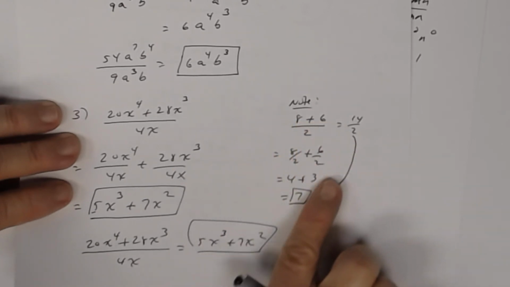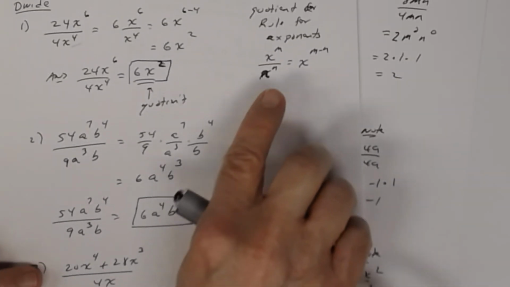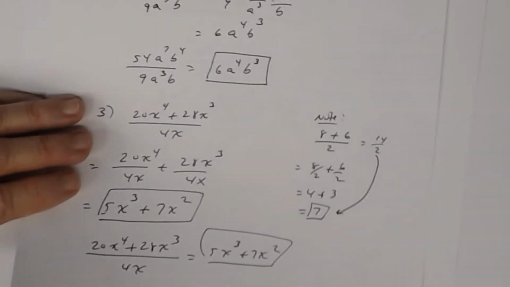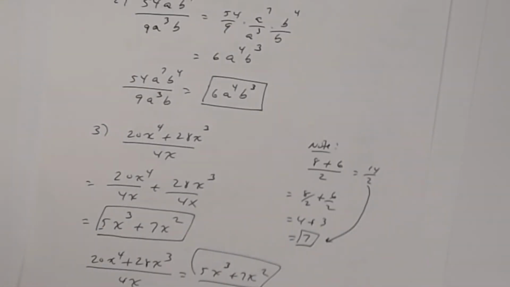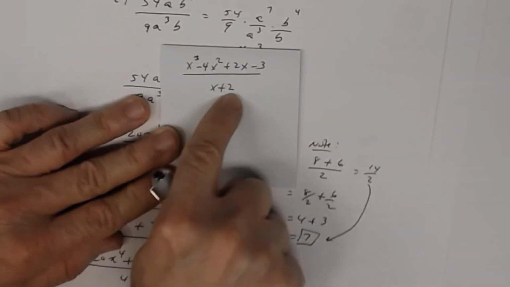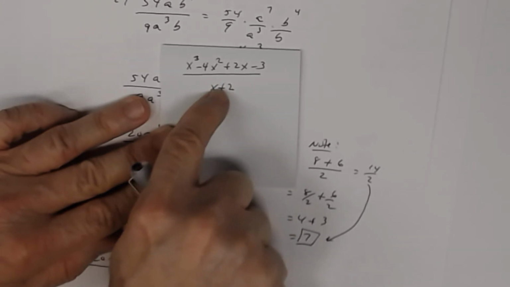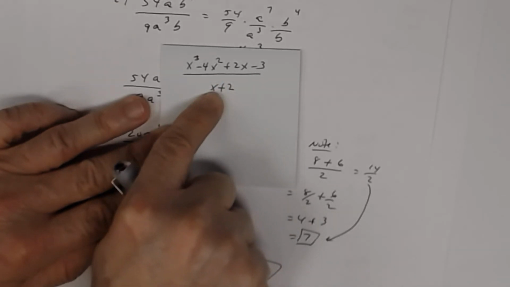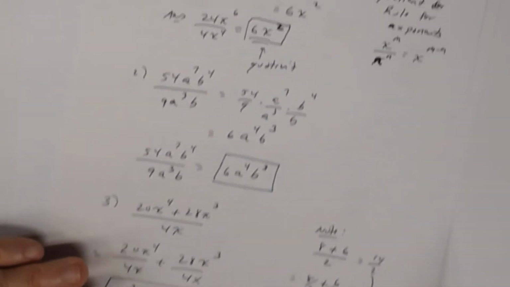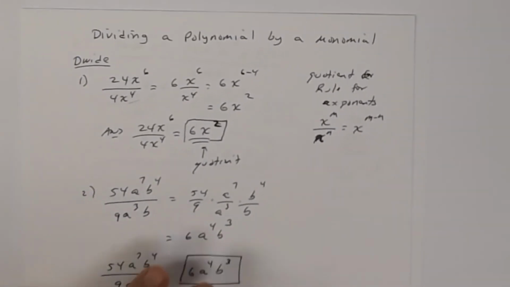All the skills you learned here, these properties, these rules, the skills you learned in those 8 problems will help you to a certain extent when we get to a polynomial divided by another polynomial where the denominator is not a monomial. Okay? All right, so that is the end for this part of our lesson on dividing a polynomial by a monomial.